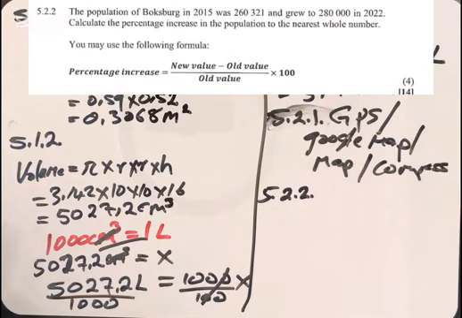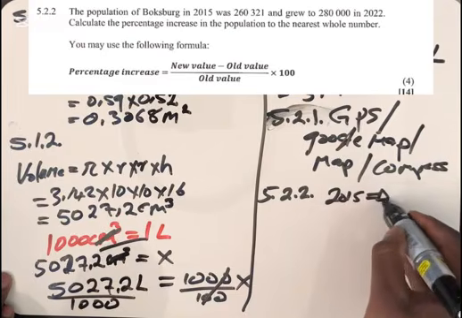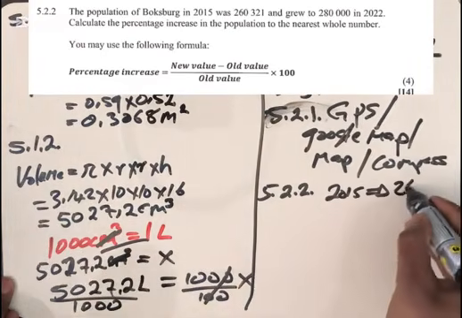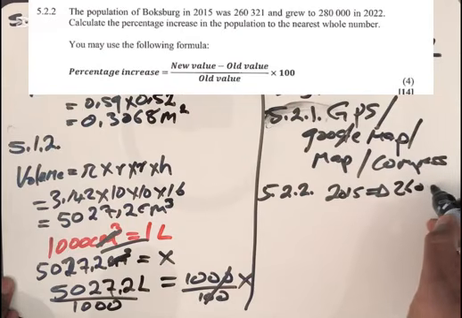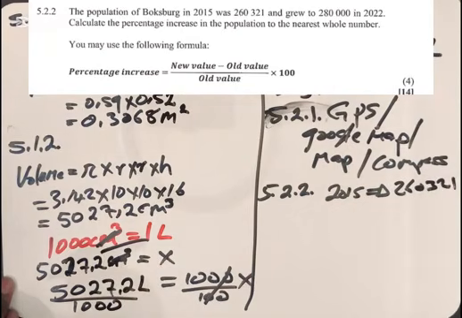Next question, which is our final question here, it says that the population of Boxbeck in 2015 was 260,321 and grew to 280,000 in 2022.